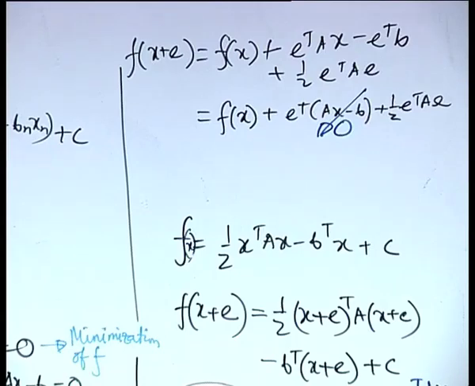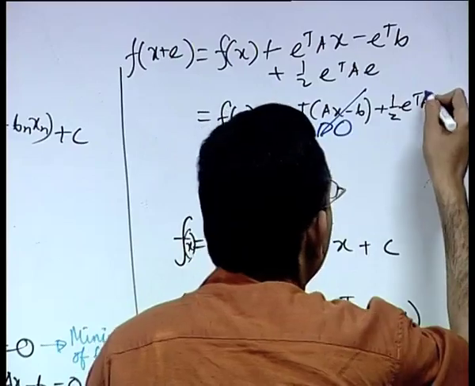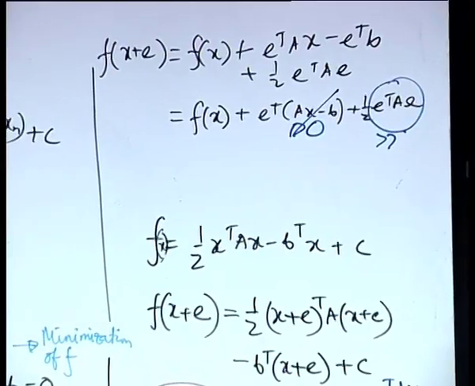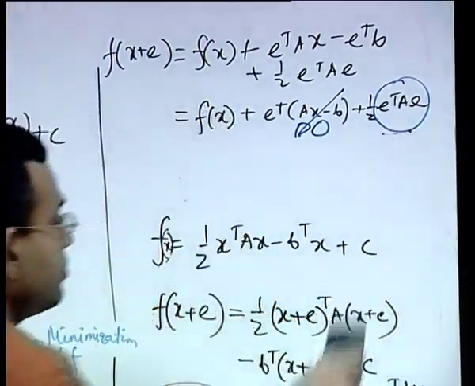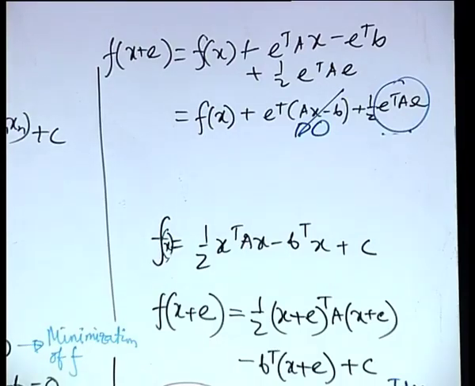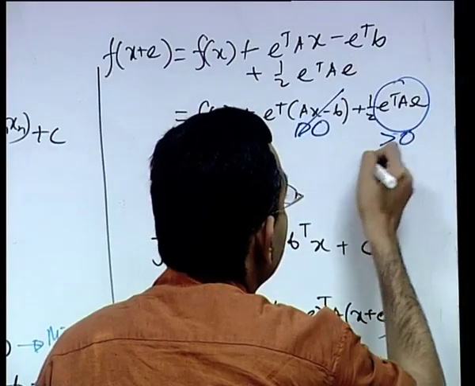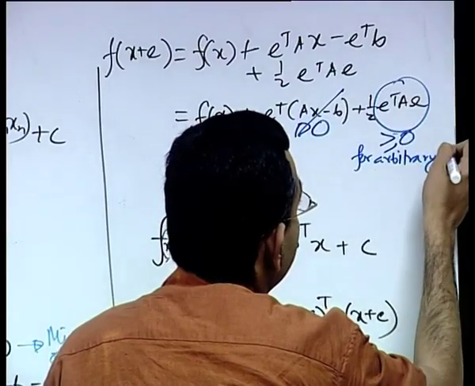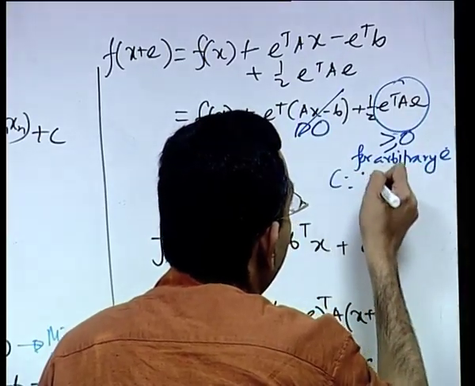So it becomes f x plus half E transpose A E. Because A is positive definite, E transpose A E is greater than or equal to 0 for any arbitrary E, since A is positive definite.